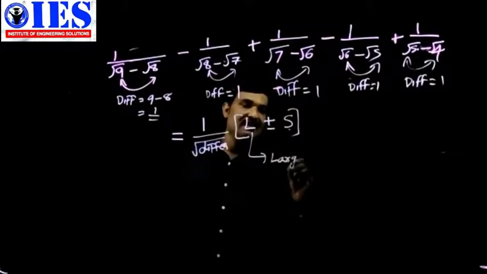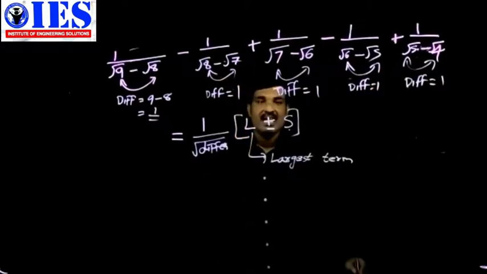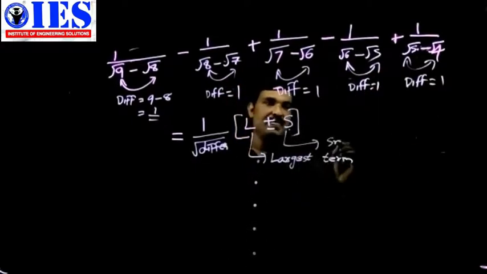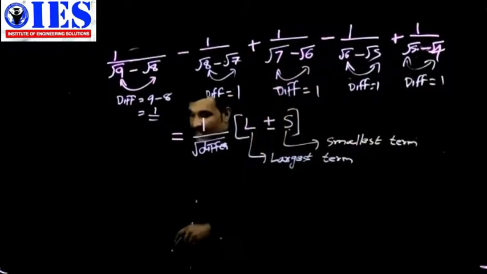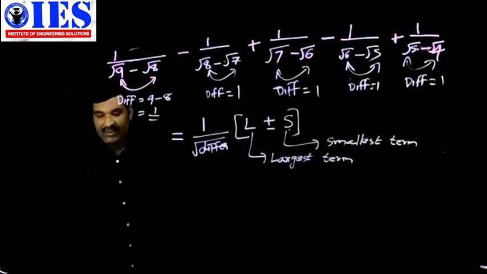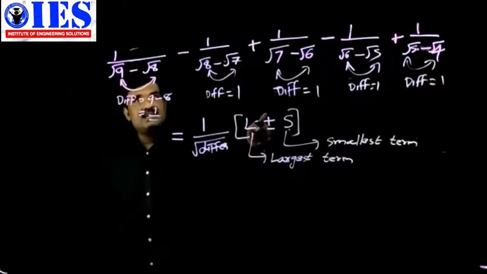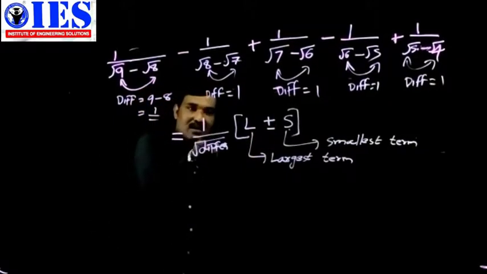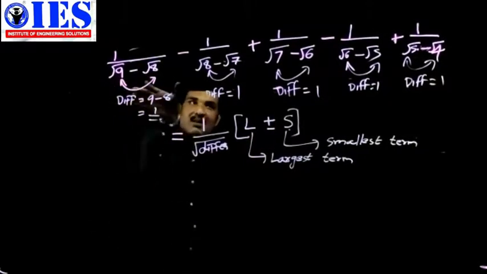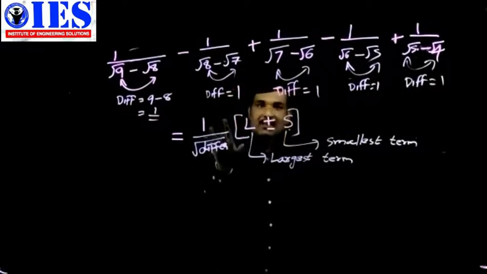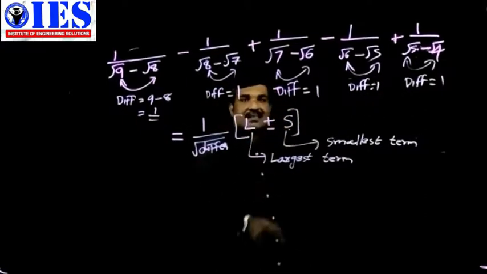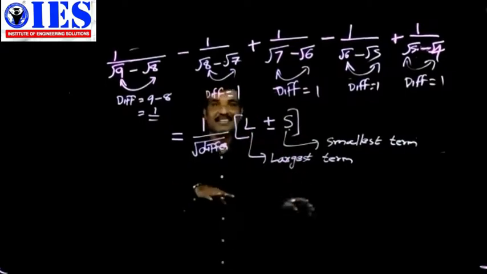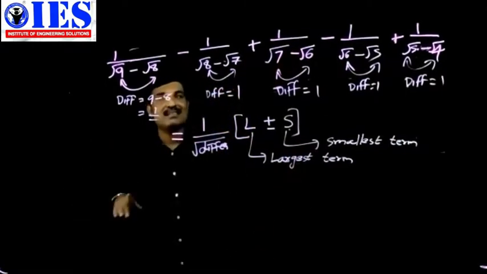We can say L is the largest term in this expression, and S is the smallest term in the expression, right? And we have plus or minus, and 1 divided by square root of the difference of these numbers. Here all the differences are 1, multiplied by L plus or minus S. We can apply this method only if the differences of all these terms are the same.